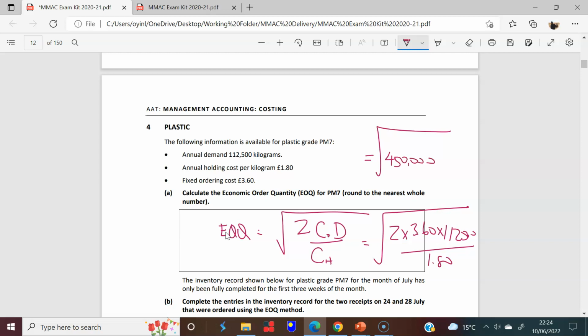And now find the square root of this, which is to the power of 1 over 2. I get 670.82. So that's the equivalent of 671. You can call it 671. So the economic order quantity is to order 671 kilograms. That's the first thing.